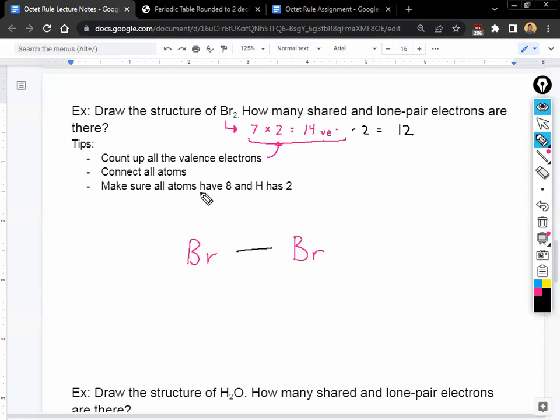All right, and we want to make sure everybody has 8 valence electrons. To do that, we need to know how many each one has right now. If we look at this Br, it has 2 electrons because it's connected with a line. We want to get it to 8, so 3, 4, 5, 6, 7, 8. We just want to make sure every element ends up with 8.